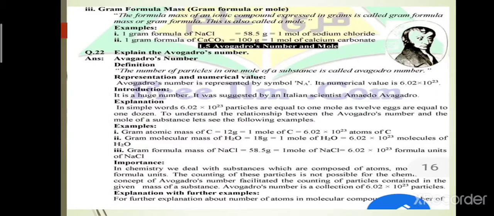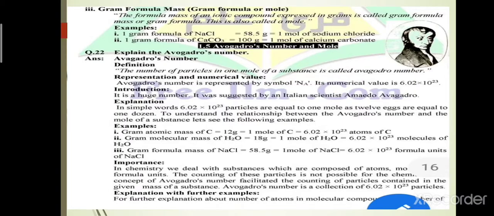Atomic mass unit is the unit from which we compare the atomic masses of other elements. We make a standard: we take the carbon-12 atom, take its 1/12 part, and then measure the atomic masses of other elements by taking it as a standard.